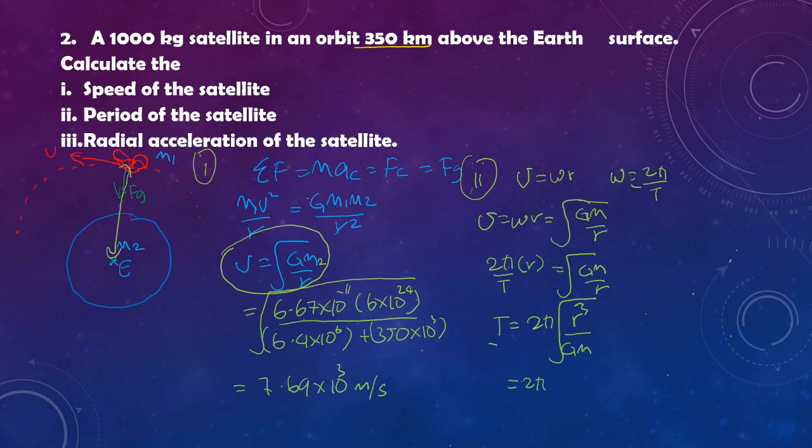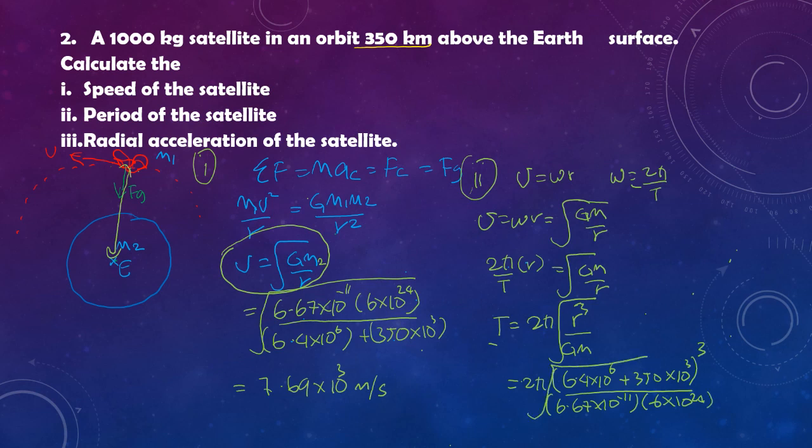Don't forget r: the radius of the Earth 6.4 times 10 to the power 6 plus 350 kilometers, all to the power of 3 because it is in our formula, over G, the gravitational constant 6.67 times 10 to the power negative 11, times the mass of the Earth 6 times 10 to the power 24.